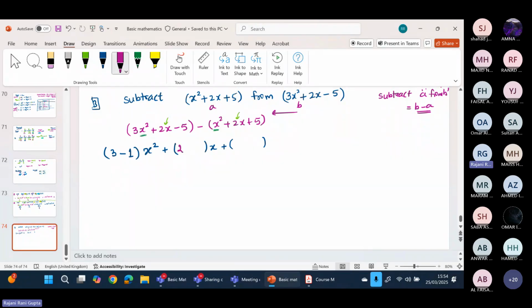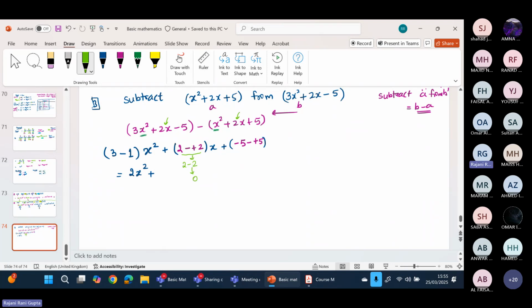So what you get? 2 minus 2. 2 minus, or shall I write it as plus 2? And here you get minus 5 minus plus 5. Okay, 3 minus 1? 2. It is 2x power 2. What will happen here? 2 minus 2 is? 0.